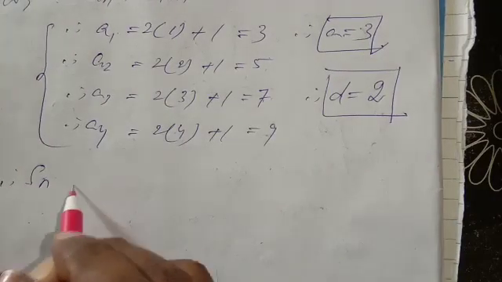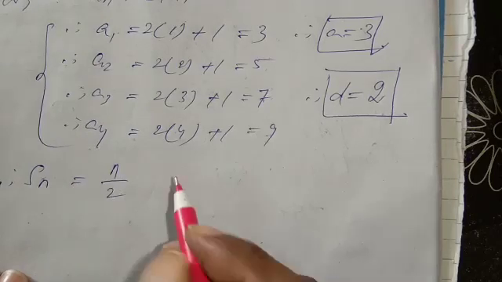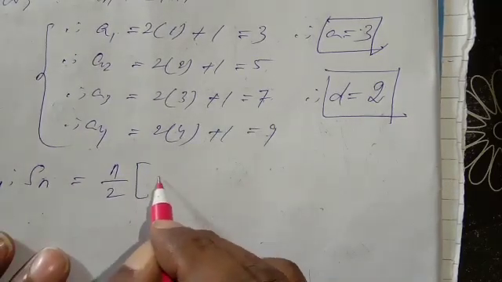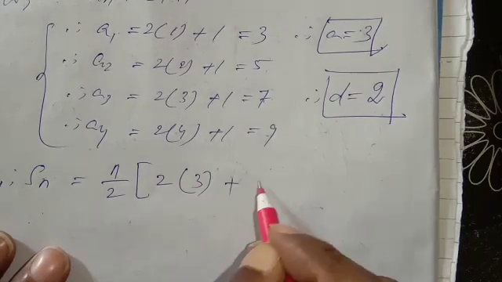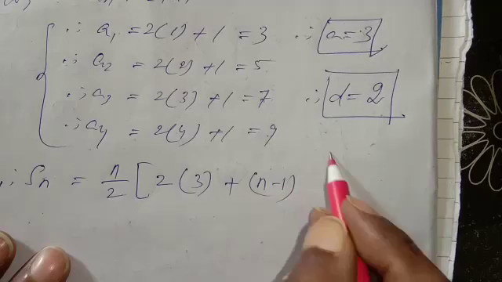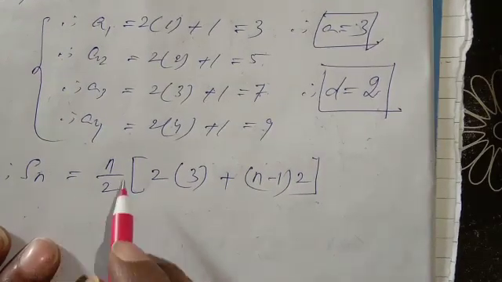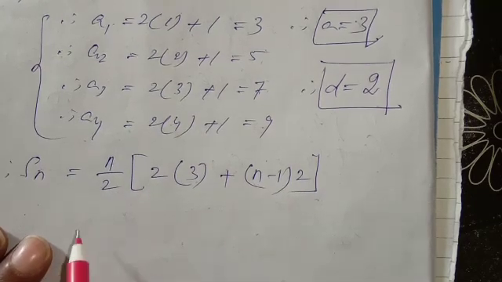Therefore, the sum of n terms, the formula is n by 2 into 2a, where a is 3, plus n minus 1 into d, where d is 2. The Sn formula is n by 2 whole into 2a plus n minus 1 d.